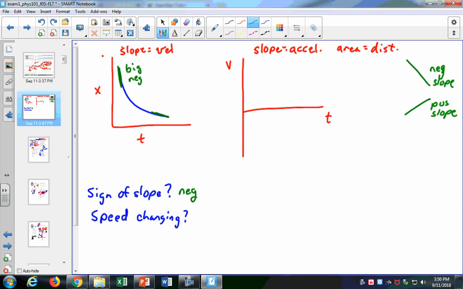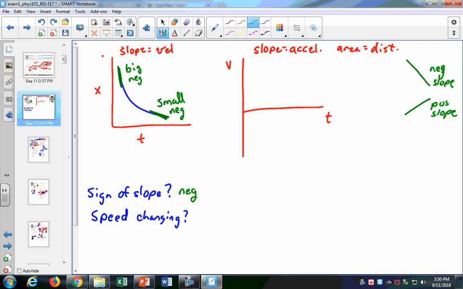And then down here, I have a small negative slope. That means that this object is traveling left or right. Is it traveling left or right? It's traveling to the left because the velocity is negative.